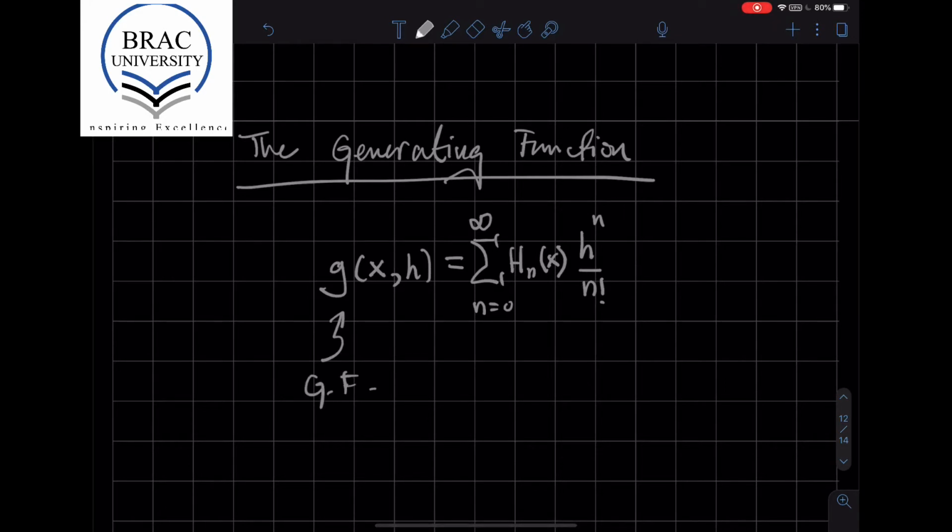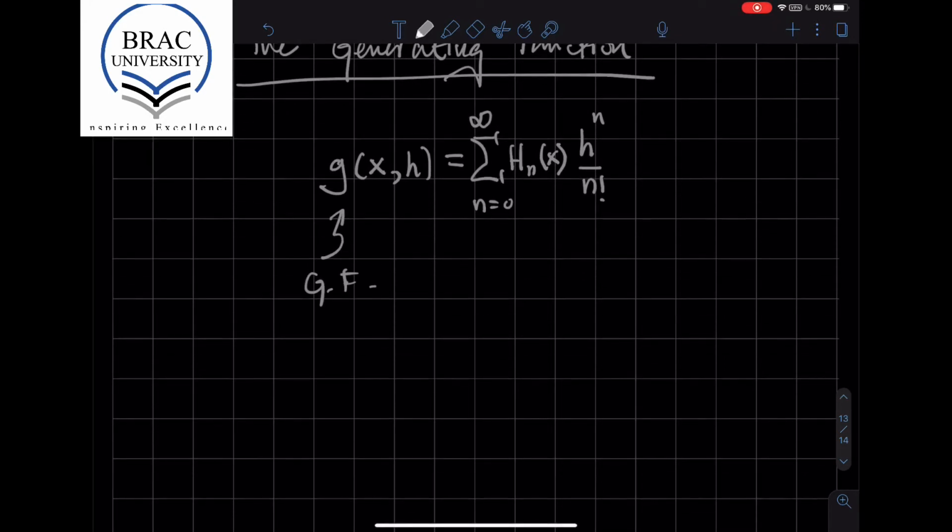The nice thing about it is that if you could find such a function, then if we took the nth derivative of this function with respect to h, and then set h equal to 0, that would give us automatically Hn. So how do you find this function?